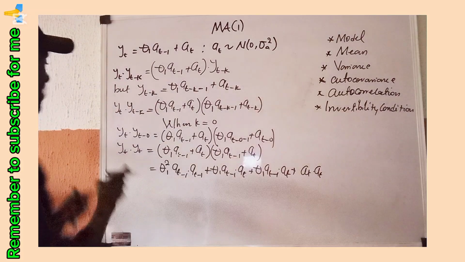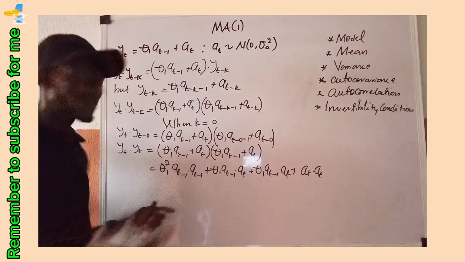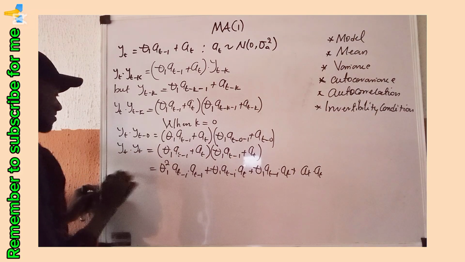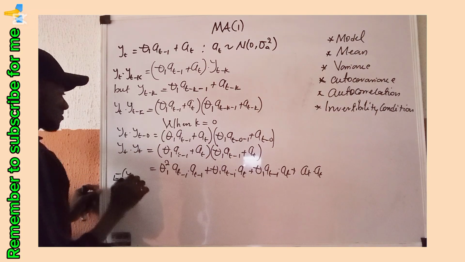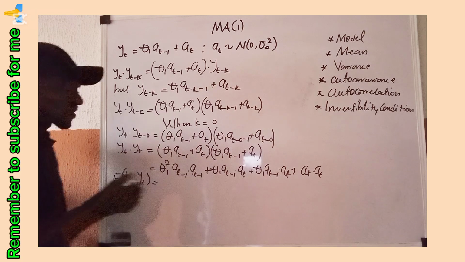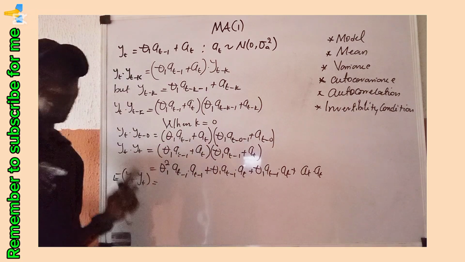At this juncture, we are going to take the expectation. Taking the expectation, we have that E of y of t multiplied by y of t is given as follows. While we are taking the expected value, we should be careful.